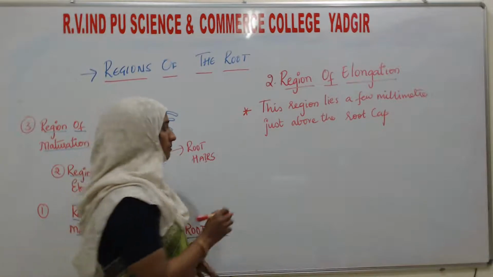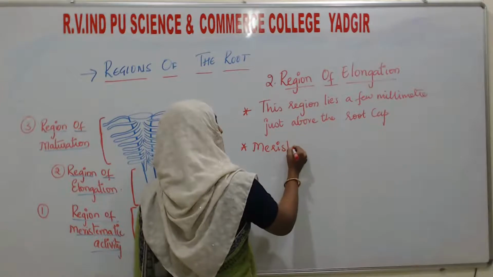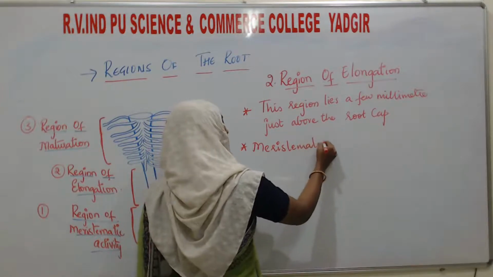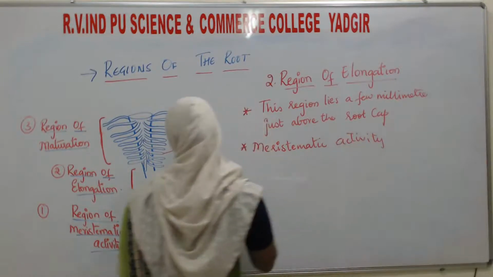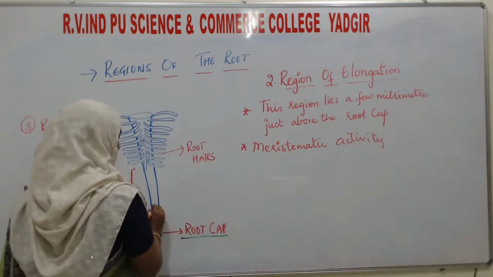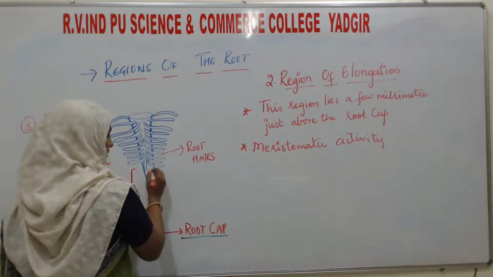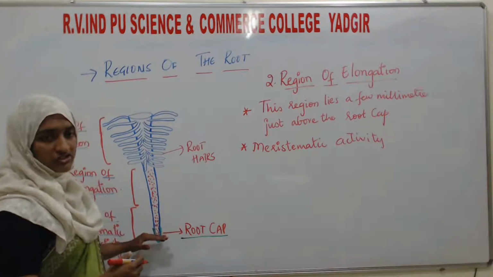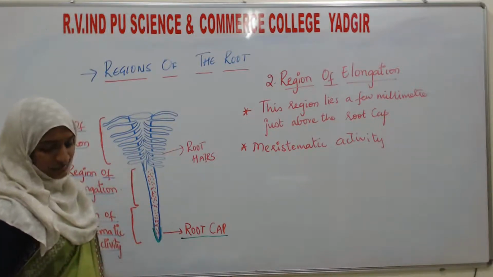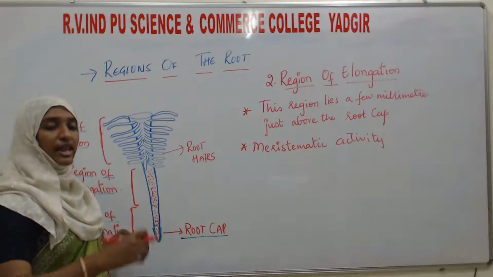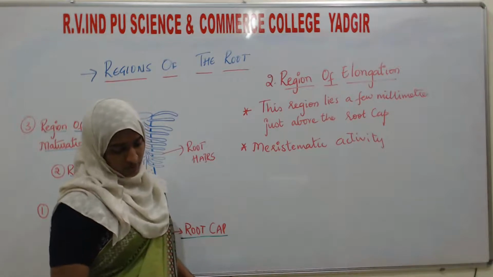Here also meristematic activity will be seen, due to the continuous division of the cells. The region just above the root cap is going to grow. That's why that particular root is going to elongate, and that's why we call it the region of elongation.